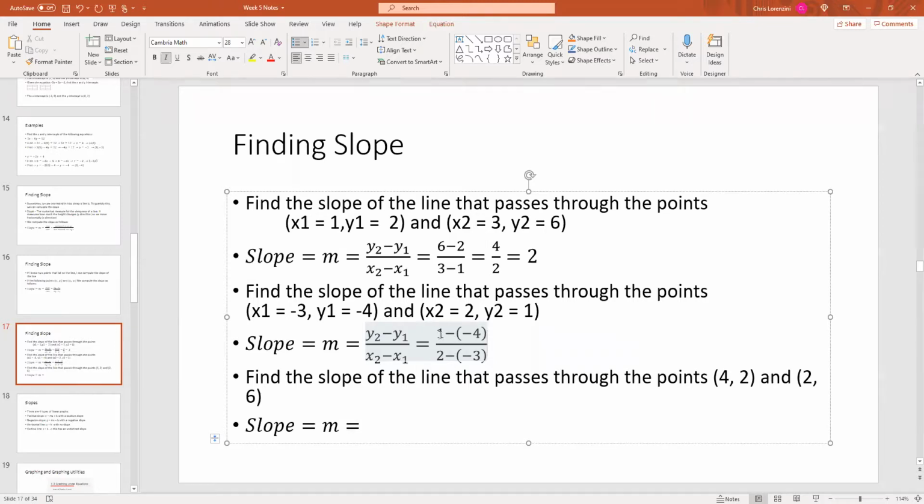So up top, y2 minus y1 is 1 minus a -4. On the bottom, 2 minus a -3. 1 minus a -4 is like 1 plus 4. That's a 5. 2 minus a -3 is 2 plus 3. That gives me 5 over 5, which is equal to 1. So the slope of that second line is equal to 1.